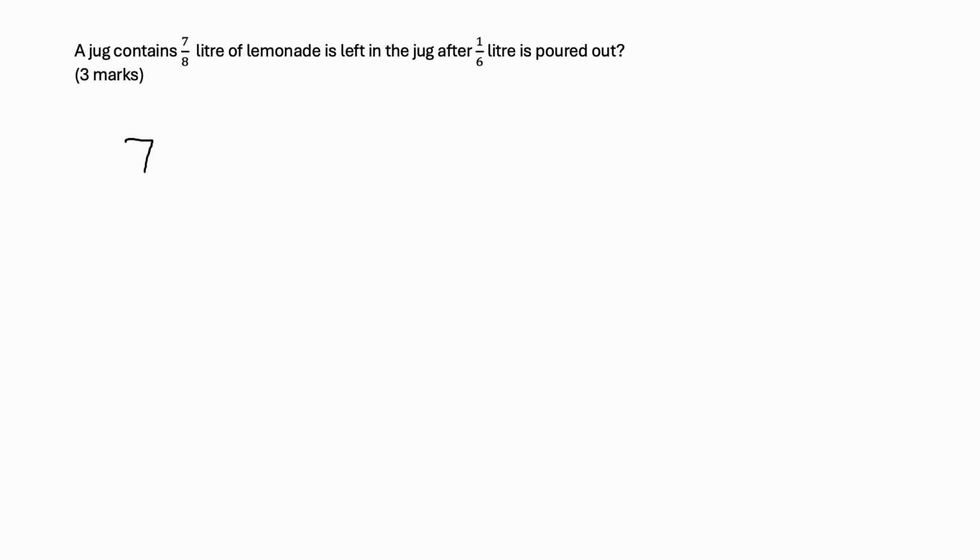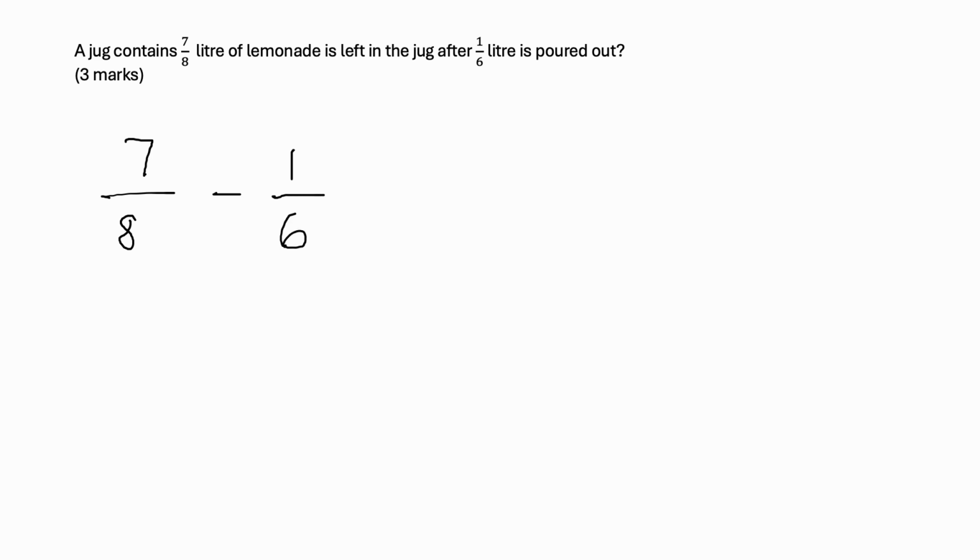So it contains 7/8 of a litre of lemonade, and 1/6 of a litre of the lemonade is being poured out, and we need to work out how much is left. We're going to do 7/8 minus 1/6.